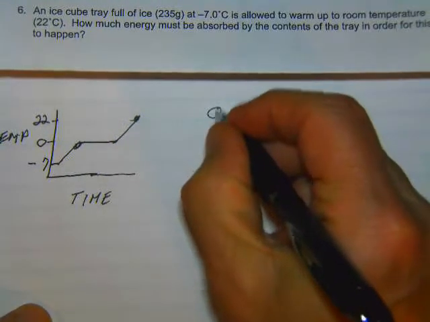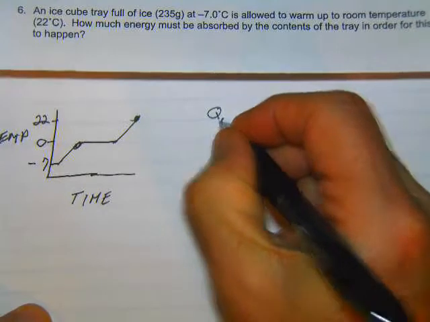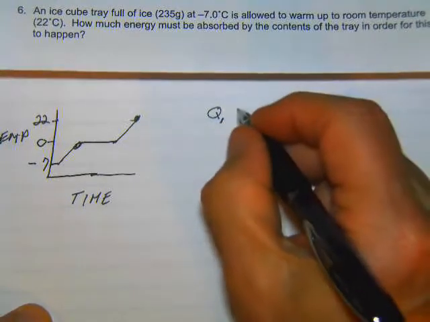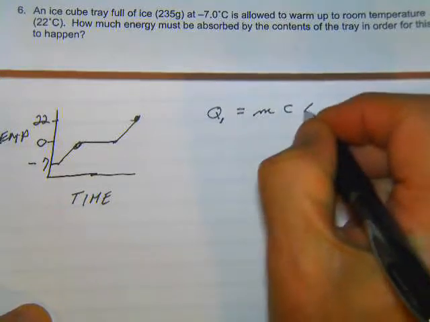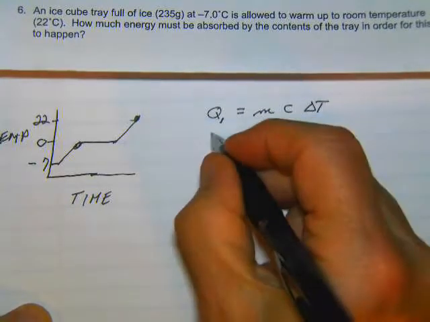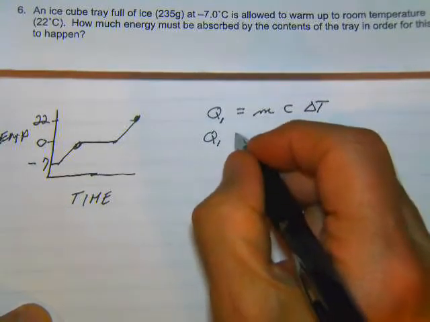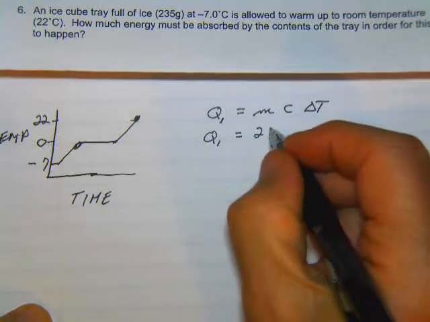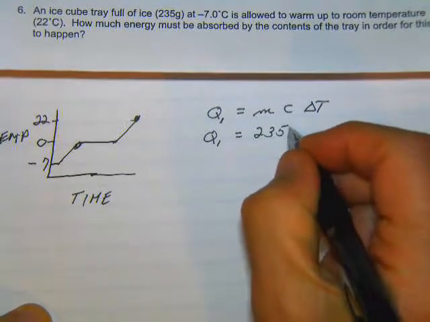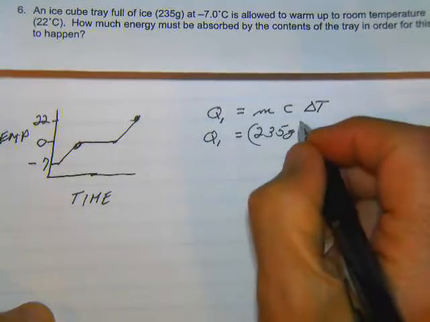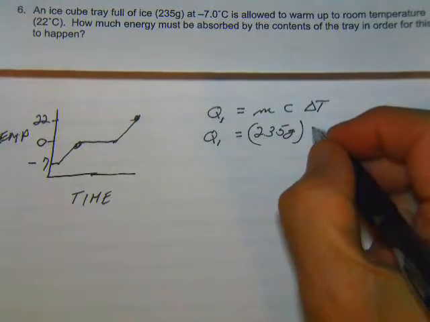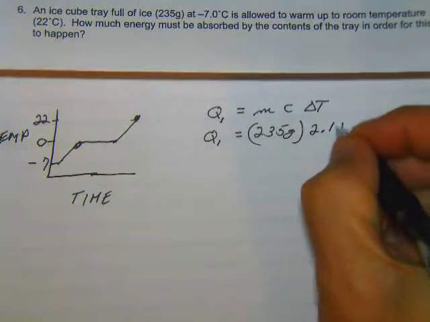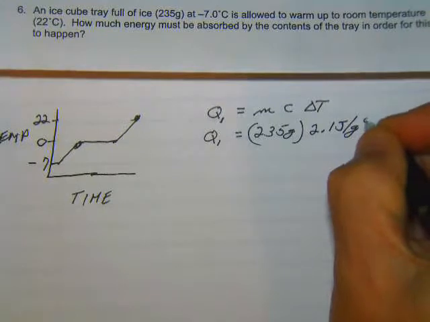So let's call this Q1, and we know that equals MC delta T. So Q1 equals, we've got 235 grams. We know C, the heat capacity of solid water, is 2.1 joules per gram degrees Celsius.